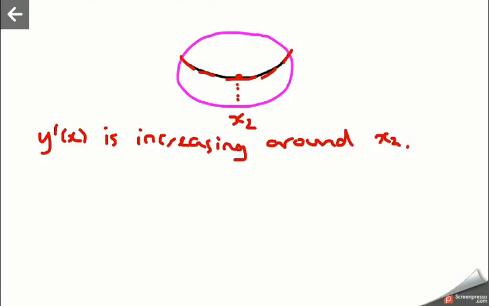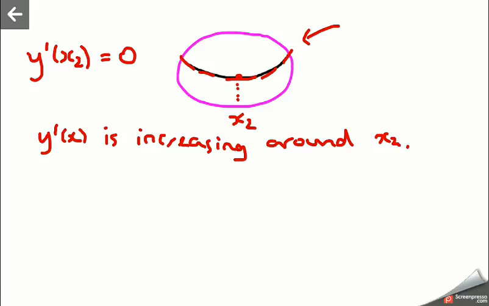So conversely, if y prime of x is increasing around x2, then we must have that x2 is a minimum, assuming y prime of x2 equals 0, of course. So supposing y prime of x2 equals 0 and y prime of x is increasing around x2, then it must mean the tangent lines are behaving in this way.